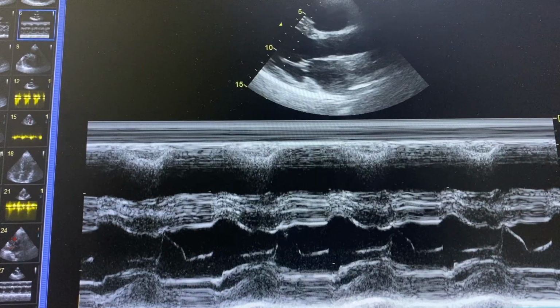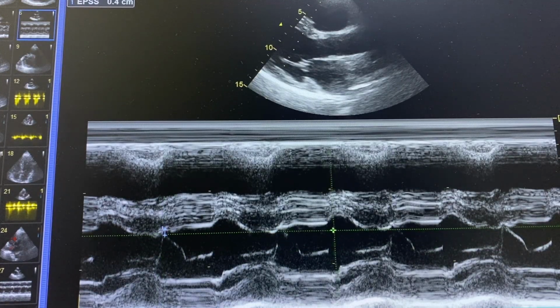EPSS. EA ratio. Mitral leaflets. We can measure EPSS. EPSS is here up to there, to give 0.4.